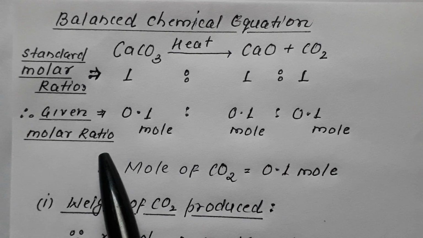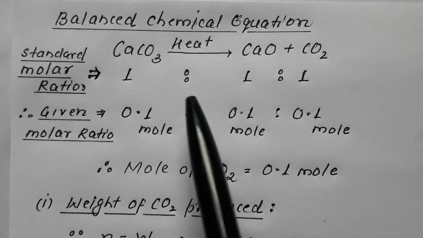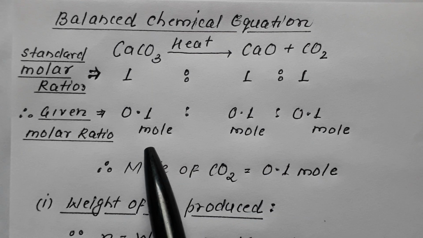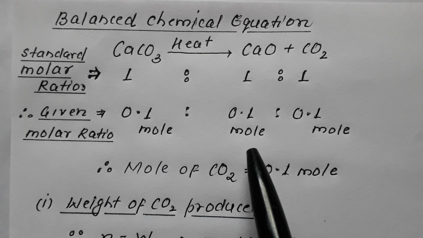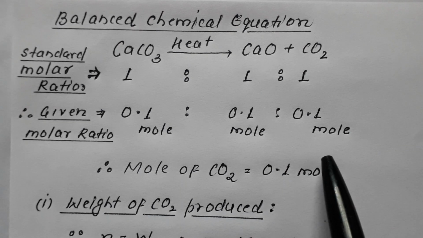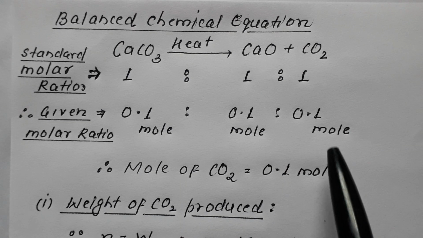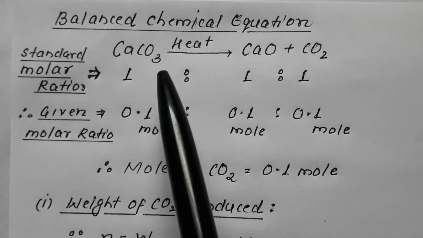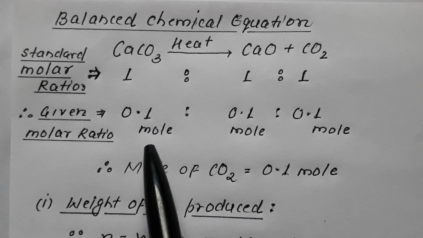So the given molar ratio is 1 is to 1 is to 1. Therefore if CaCO3 is 0.1 mole, CaO will be 0.1 mole and CO2 would be 0.1 mole. So what do we have? We were given the weight of CaCO3. We converted it into mole of CaCO3.